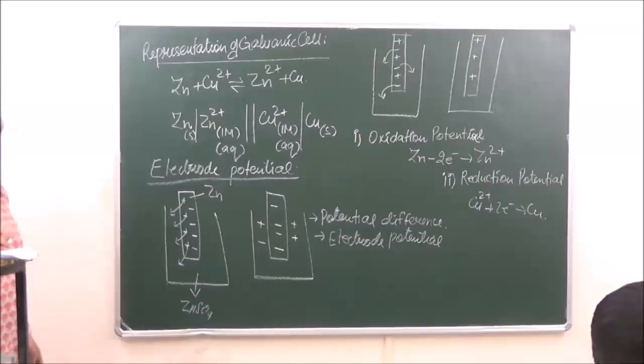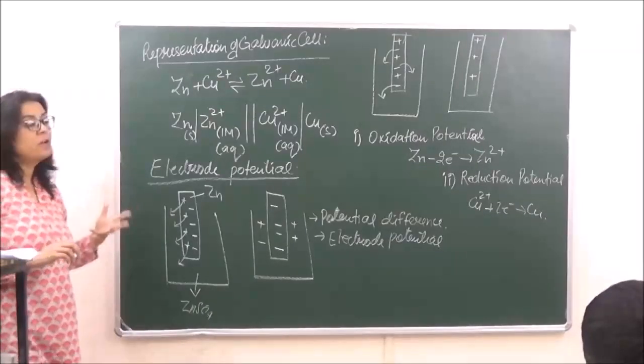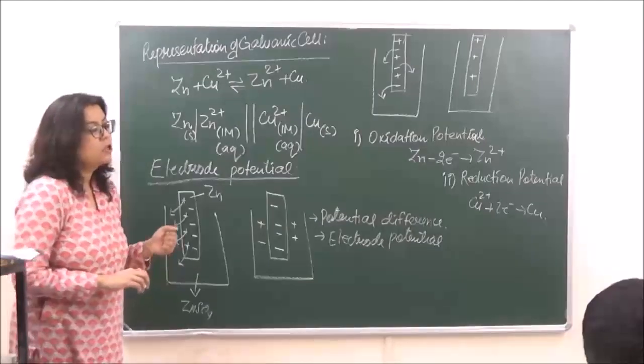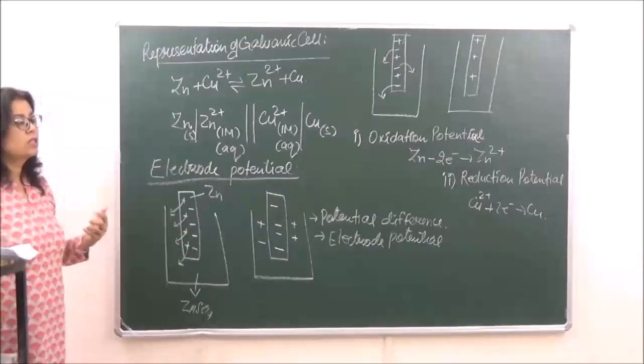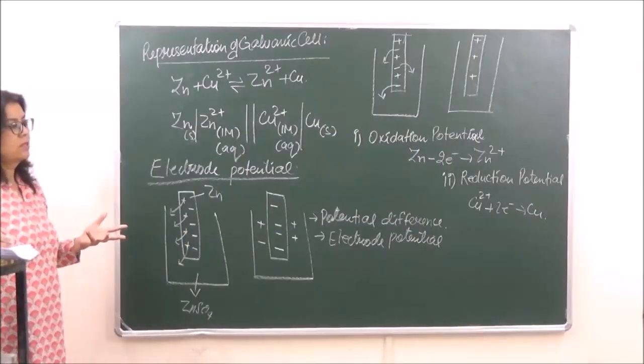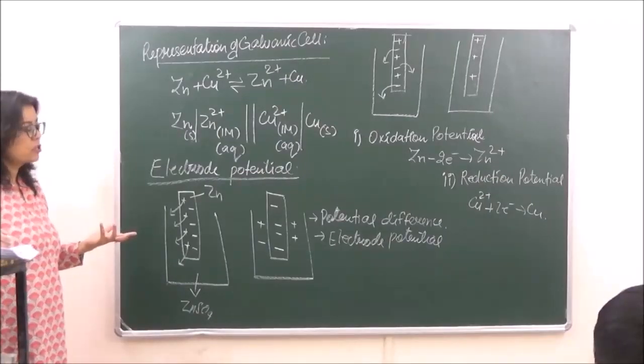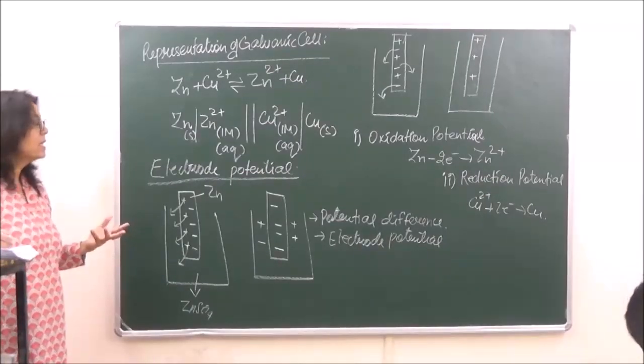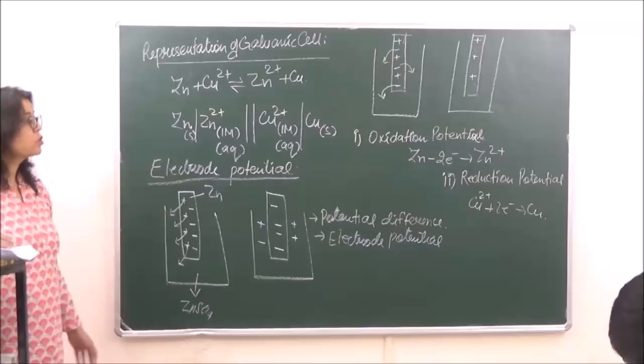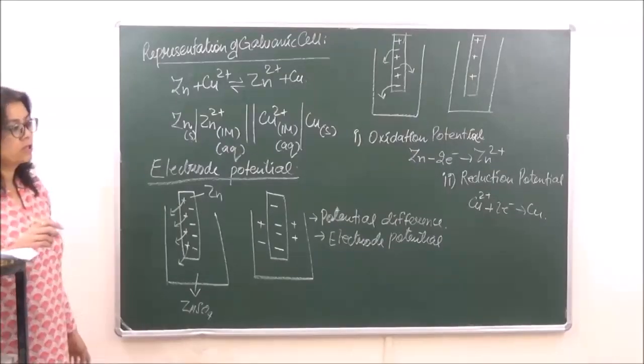So two different types of potentials are formed when we are talking of a galvanic cell. In the oxidation half cell, there is the oxidation potential, where zinc is losing electrons, and the other is known as the reduction potential, in which copper is gaining 2 electrons.